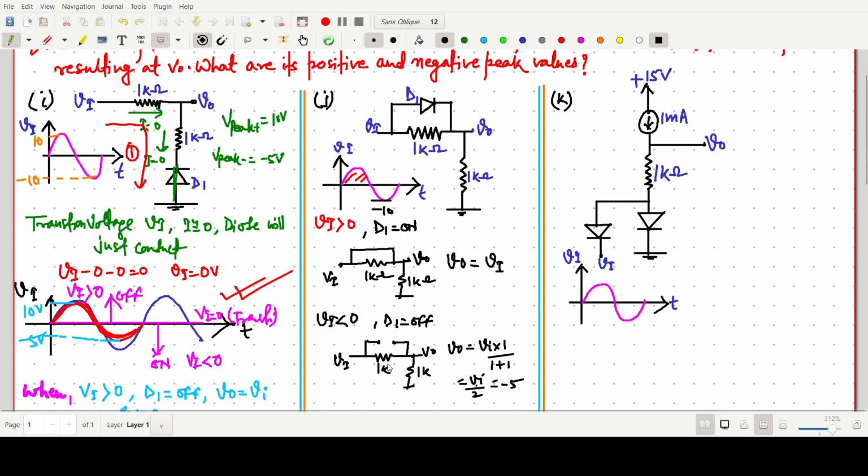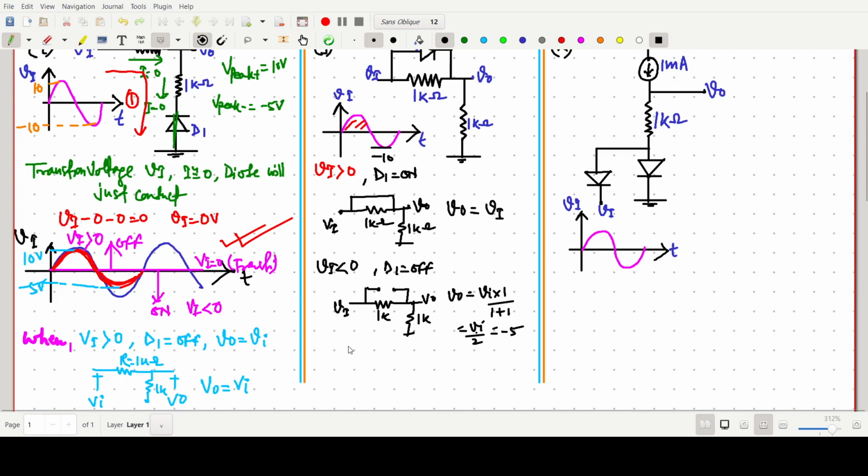So here V peak plus will be simply our 10 volt, and V peak minus equals minus 5 volt. So this one is the answer.